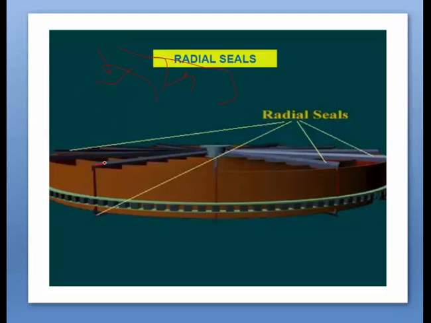So this is the radial direction, and this is the projected portion. This is what you are seeing here. These are radial seals. On top there will be the positioning of sector plates like this, top and bottom, which we had seen earlier.